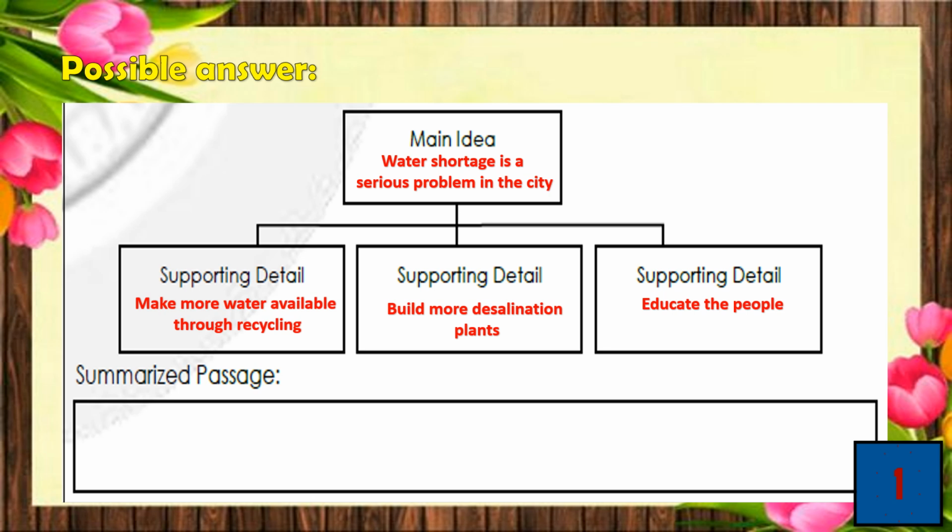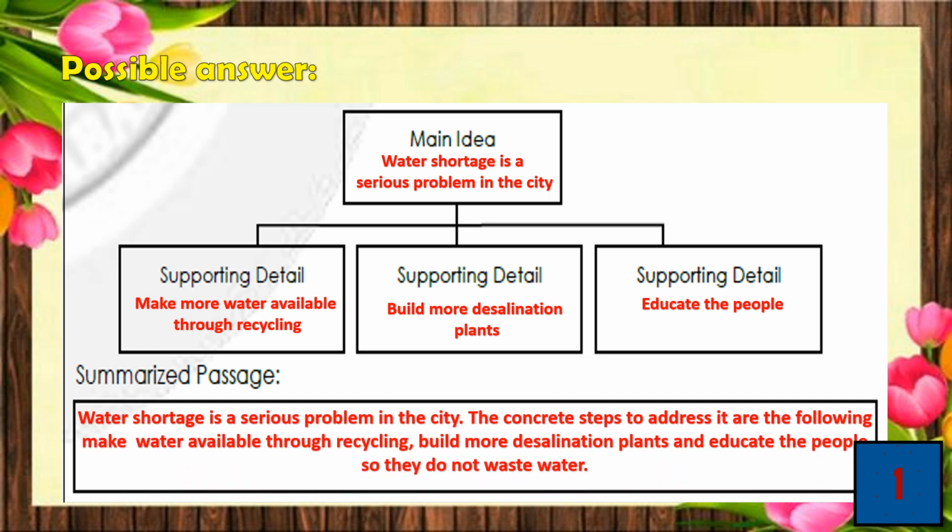If you are going to summarize the answer, we have this. Water shortage is a serious problem in the city. The concrete steps to address it are the following: make water available through recycling, build more desalination plants, and educate the people so they do not waste water.